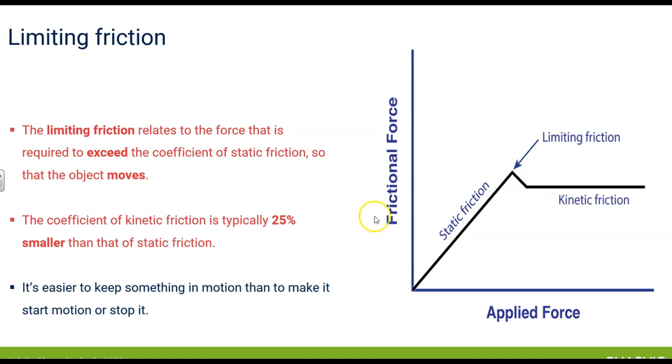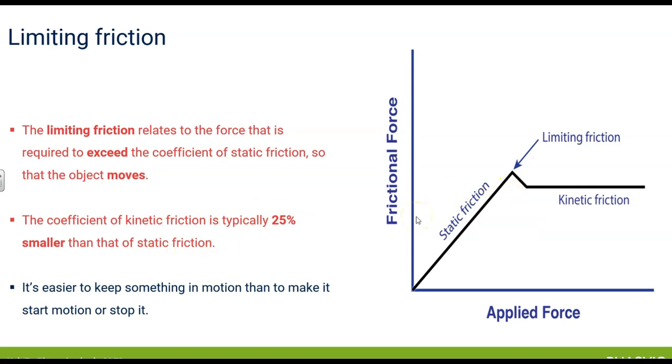So limiting friction relates to the force that is required to exceed the coefficient of static friction to get the object moving. So there's an amount of friction between two surfaces, and up to that point, you won't budge the object. Above that point, you can make it move. So you need to apply a bigger force than that limiting friction in order to cause motion of an object.